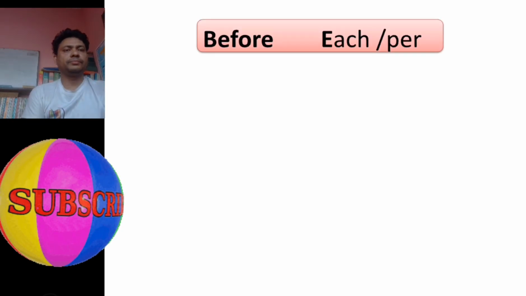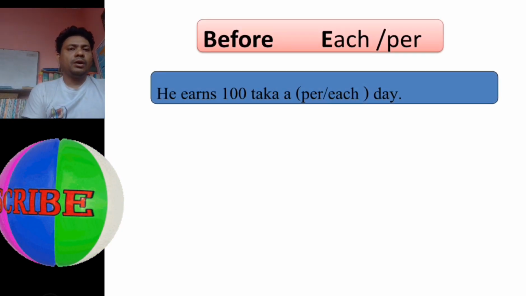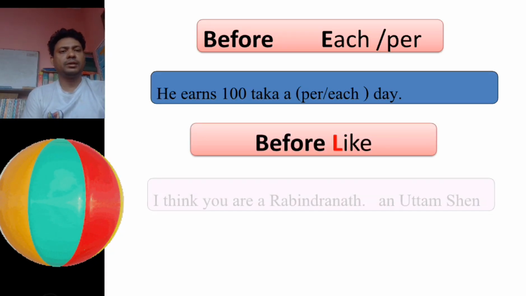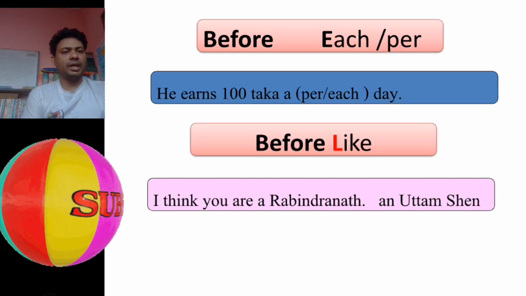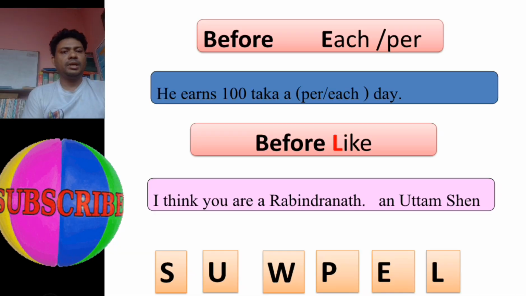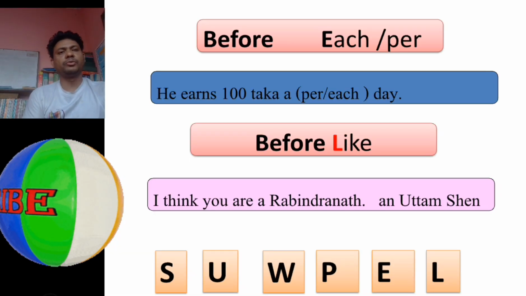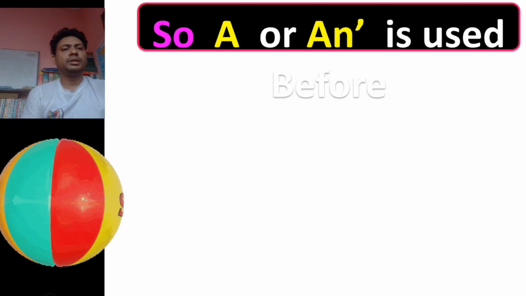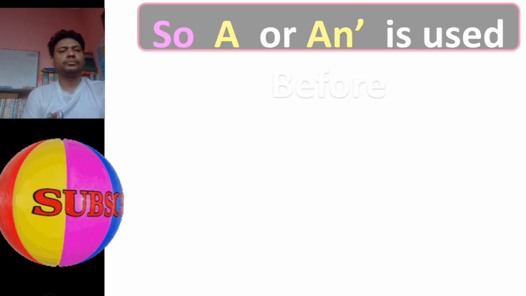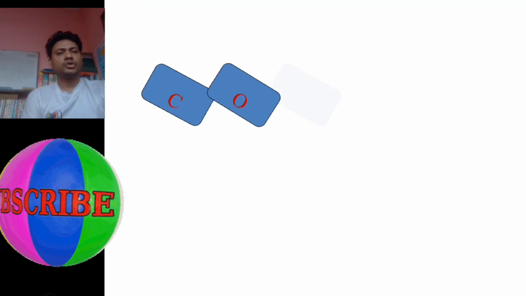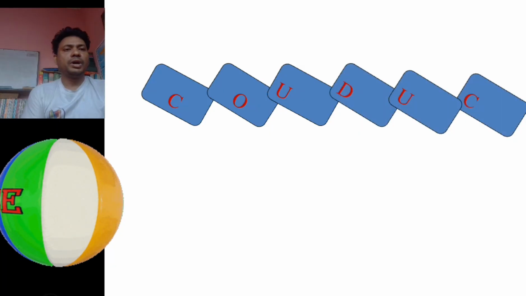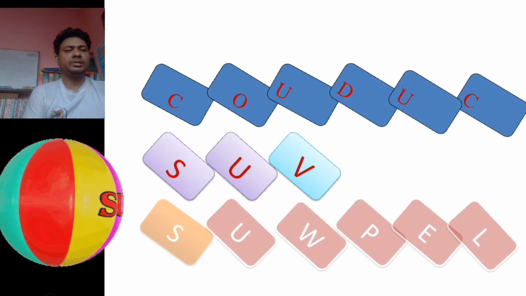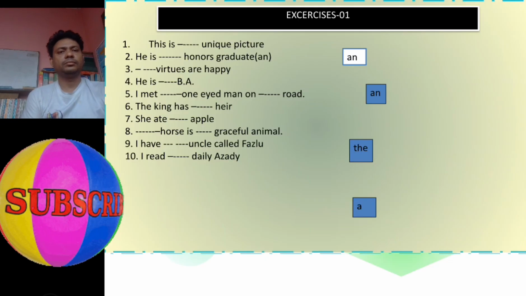Before each or per, like 100 taka per or each day. Before like: I think you are a Rabindranath and an Uttam Kumar. SUWPEL সংক্ষেপে মনে রাখার উপায়. So a or an is used before. সংক্ষেপে মনে রাখার উপায় COUDUC, SUV and SUWPEL.